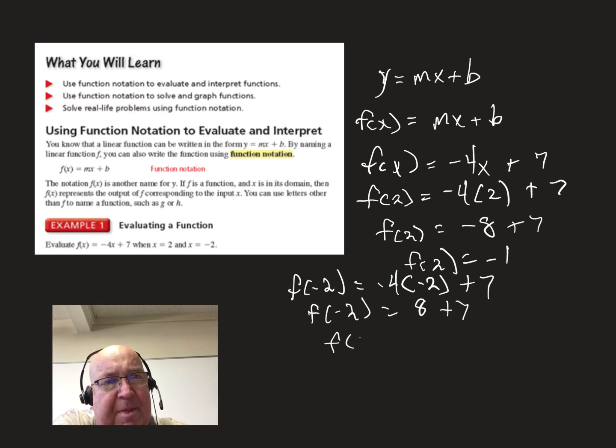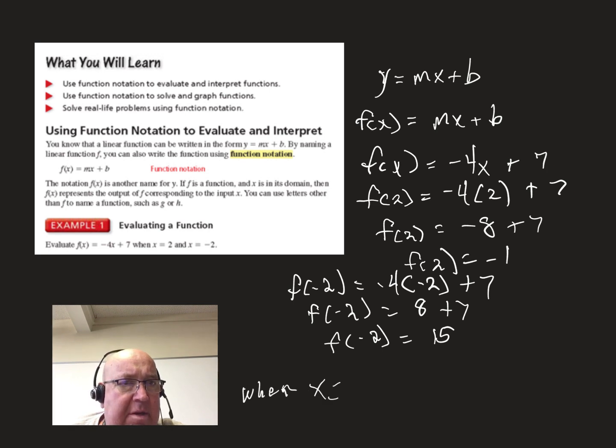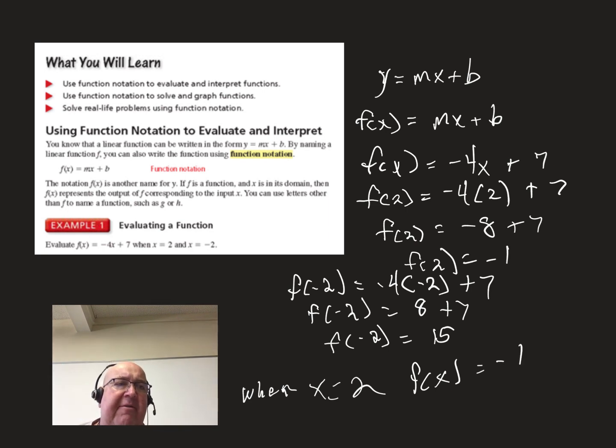F of negative 2 is equal to 15. So we can say that when x equals 2, f of x is equal to negative 1. We could repeat the same statement for when x is negative 2.